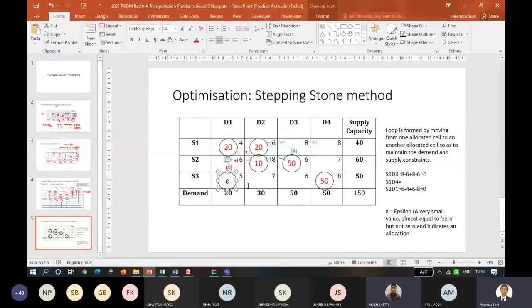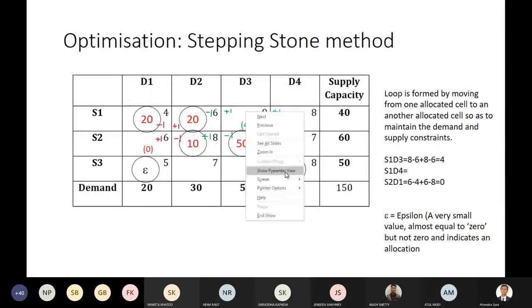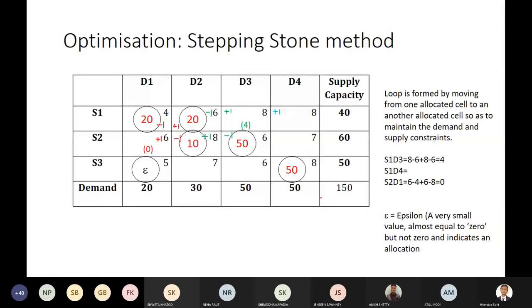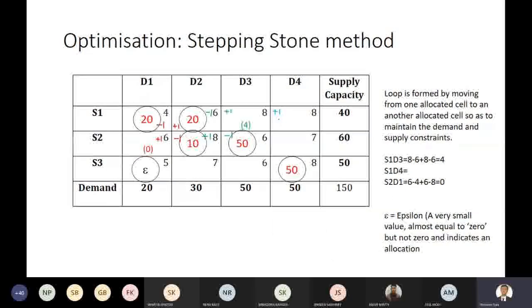So now I will go back again to my drawing board and I will start with my loop formation. Okay. So if I start moving from one cell to another allocated cell, now look, I have one option here.